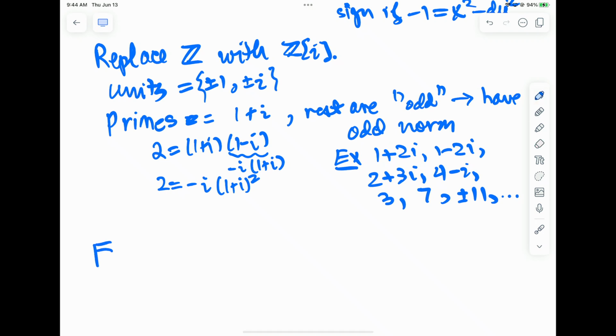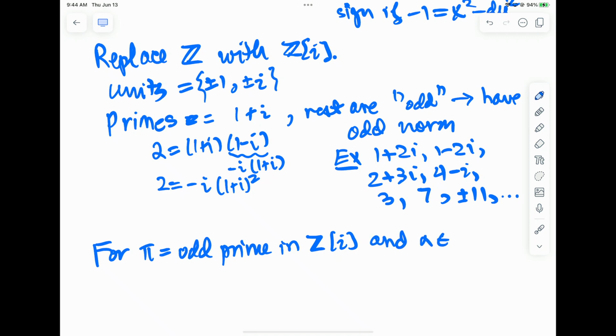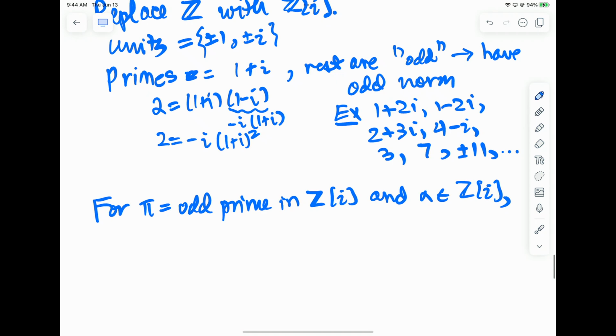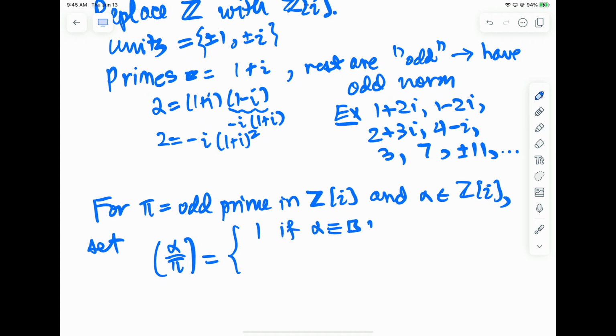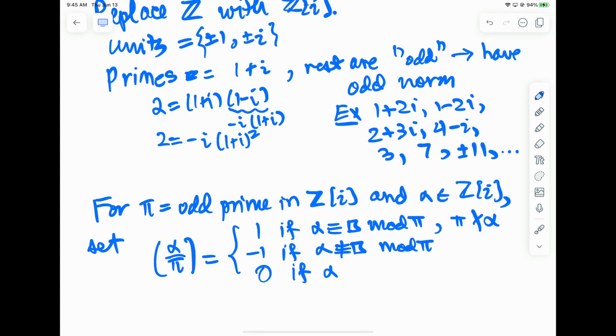If I have a pi as an odd prime in Z bracket i, and alpha is any element in Z bracket i, we set the Legendre symbol, alpha on pi, to be 1 if alpha is a square and pi is not a factor of it, minus 1 if alpha is not a square, and 0 if alpha is divisible by pi. So just like the ordinary Legendre symbol.